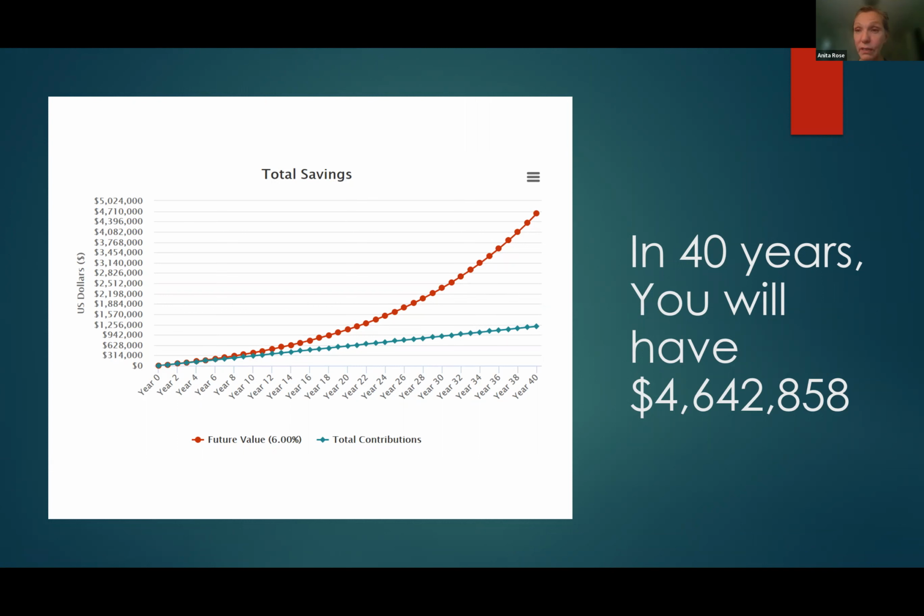If you start young and you start putting that kind of money away, you'll have more than $4.5 million at the end of 40 years. Wow, what an incredible difference. And again, this is compound interest as opposed to simple interest. So you can see the huge savings here with just a very small amount of money.